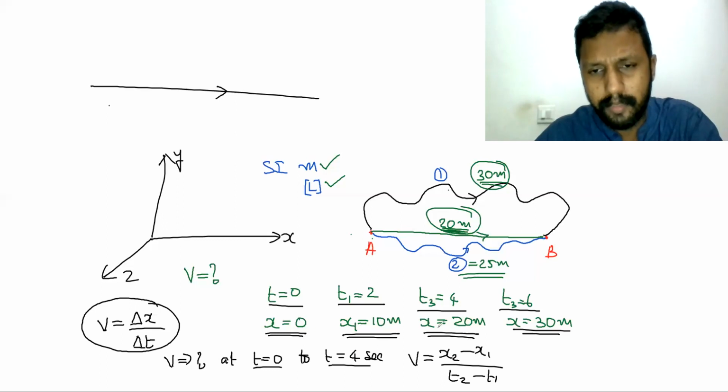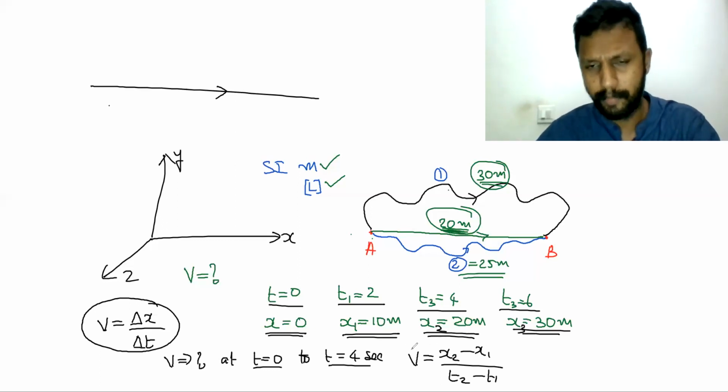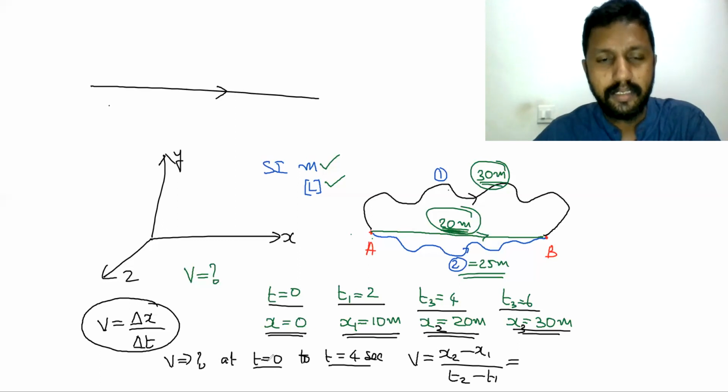If this is x1, let me write this as x2, x3 and so on for the purpose of communication. In this question, the initial time t1 is 0, and the final time t2 is 4 seconds.